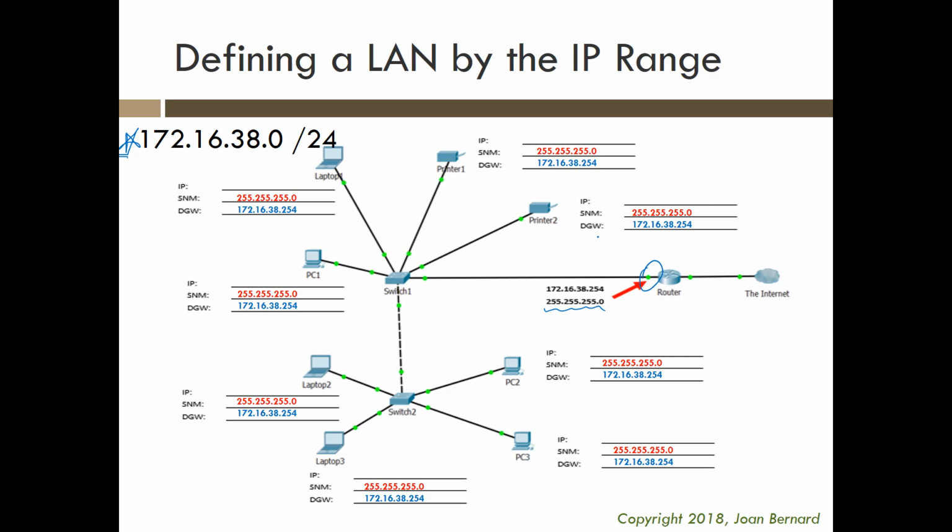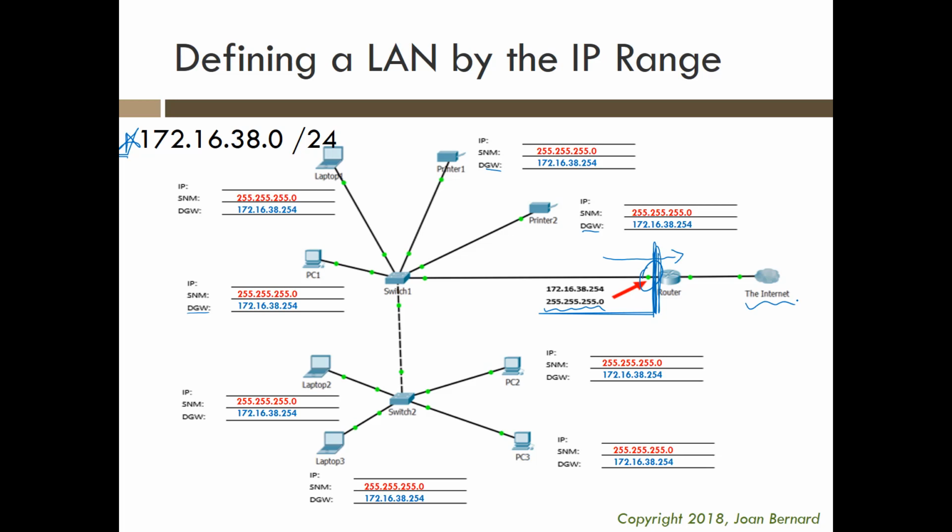So you can see here that I have filled in the default gateway for each device on the network. Remember, if you forget to configure the default gateway on any of your devices, they won't be able to get out. It's kind of like there's a door here. They need that default gateway number in order to be able to reach remote networks such as the internet.